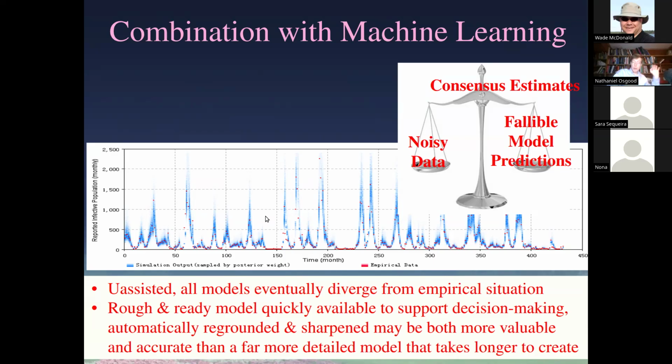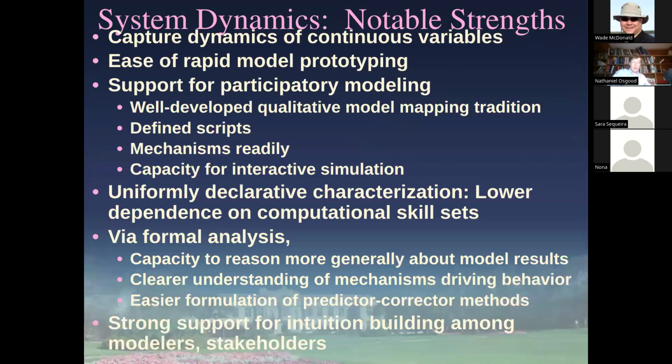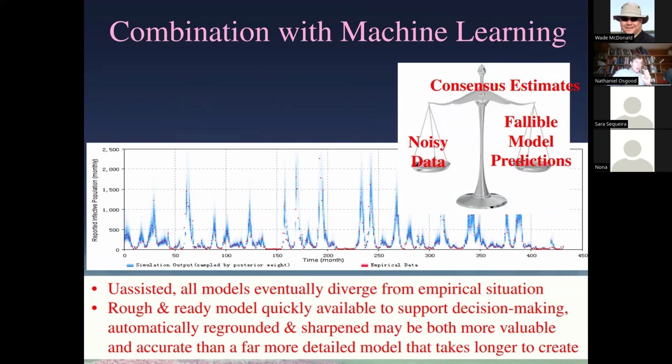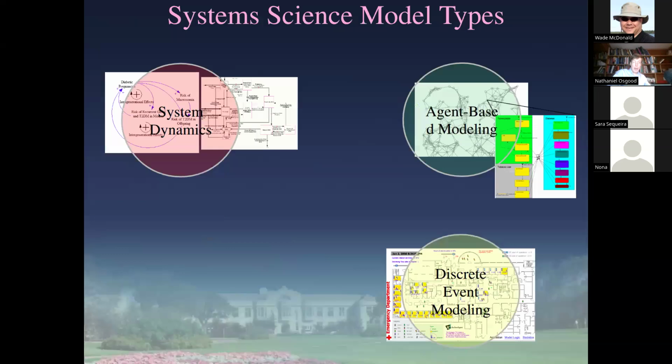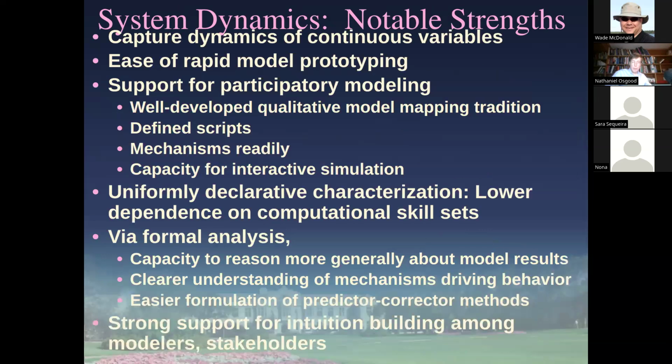For those interested, also with MCMC, but that's addressing a different question. But they can be very readily used with MCMC. I will say, for use with Kalman filtering, particle filtering, and PMCMC, there needs to be some measure of stochastics in the model. So, what are some notable strengths of system dynamics?